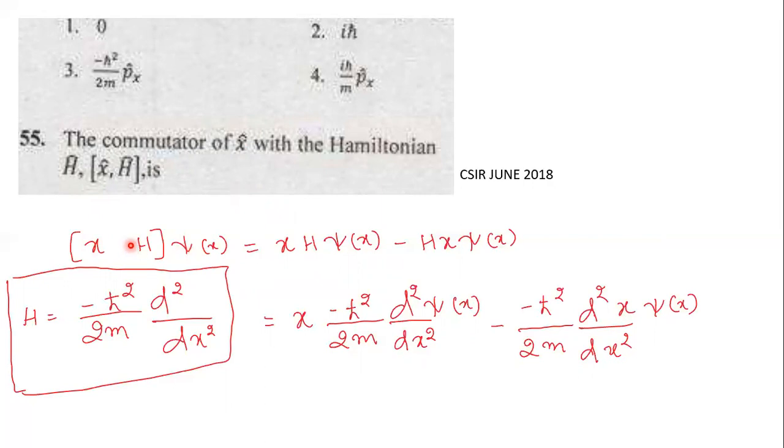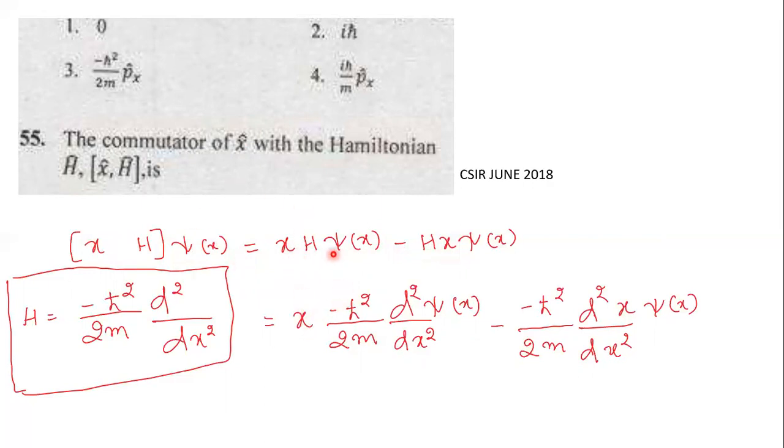Then we must expand this commutator [X, H] psi(x) as XH psi(x) minus HX psi(x). If you take this as AB minus BA, then the commutator [A, B] psi(x) is equal to (AB minus BA) psi(x).